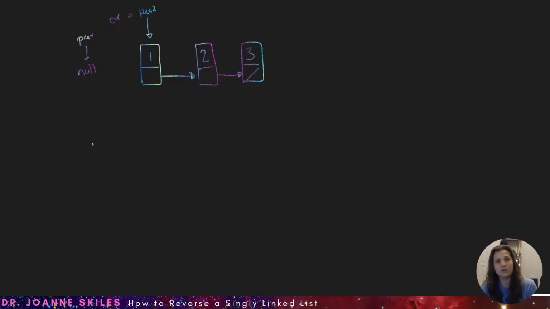Before we do that, we need to know the next node we're going to. So we would hold a temporary variable called temp, and that would equal our original current's next, so that we know how to get to 2. Then we set our current's next to our previous node.